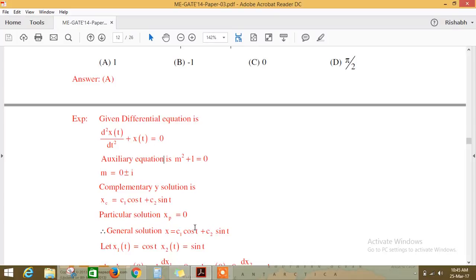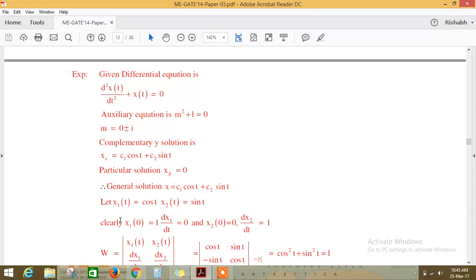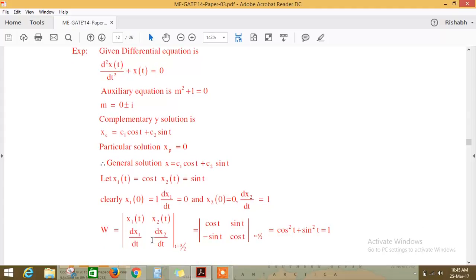After putting in the initial values, you can also find the values of C1 and C2. But that is not required, because you only have to find the Wronskian. So we know x1 of 0 is 1.